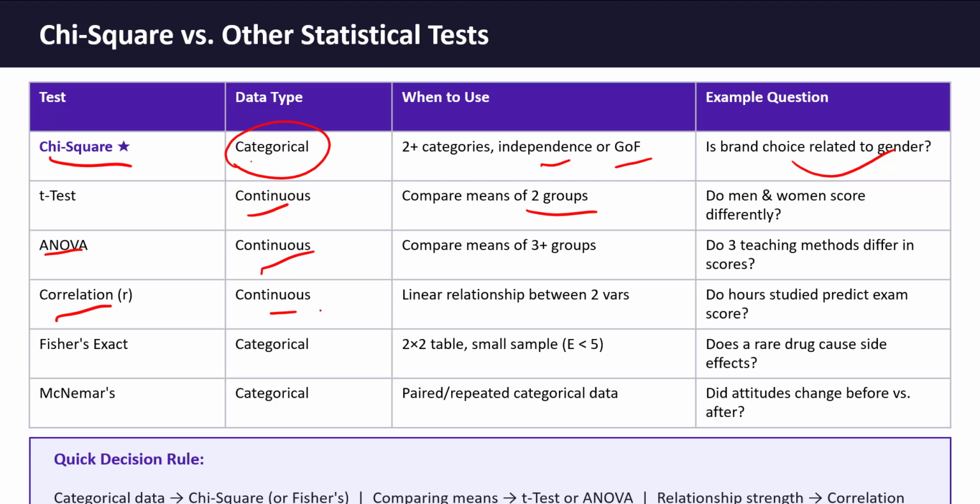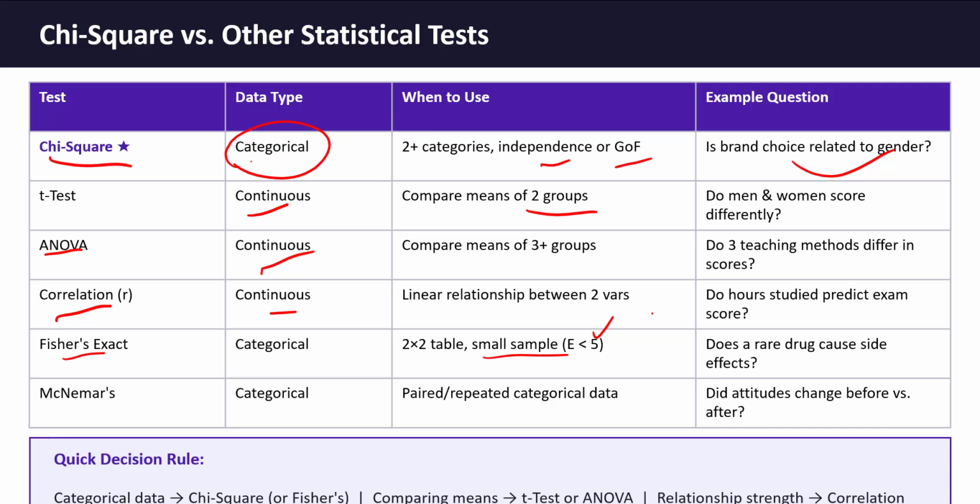Does study time predict exam scores, something like that. Fisher's exact applies to categorical data and typically to 2x2 tables with very small samples. Does a rare drug cause side effects? Right. So again, we look at a very small sample, sometimes with expected frequency less than 5.